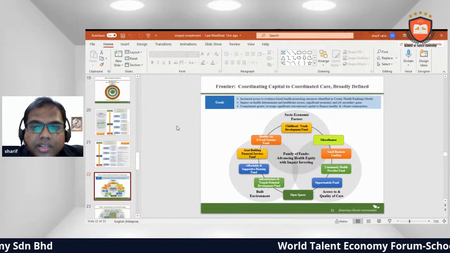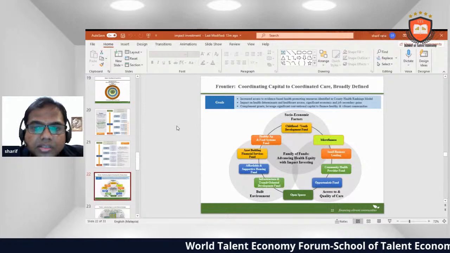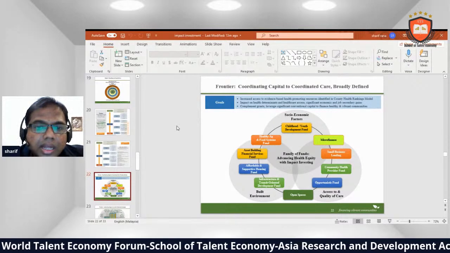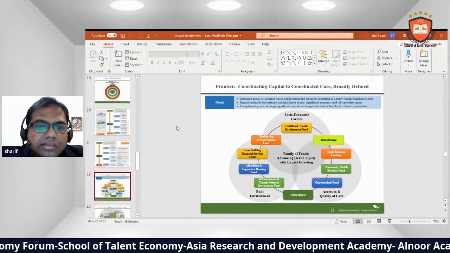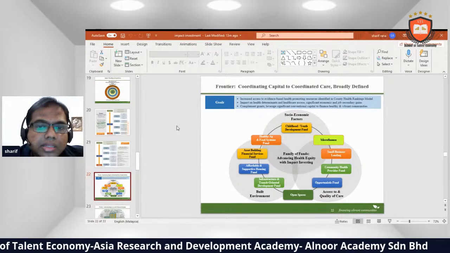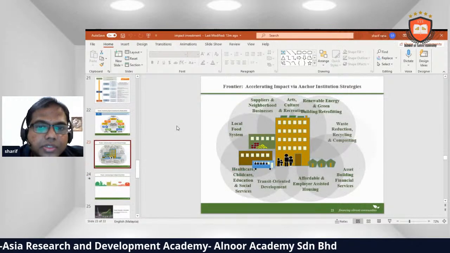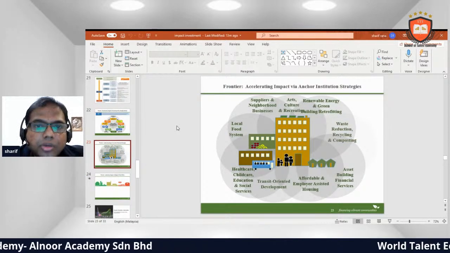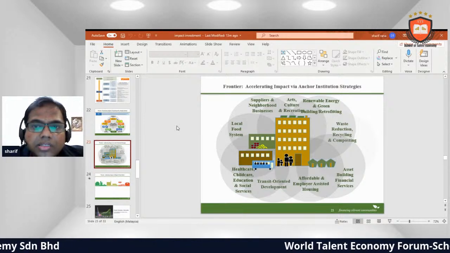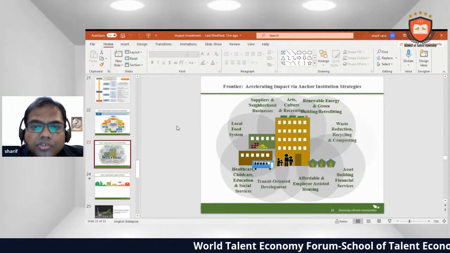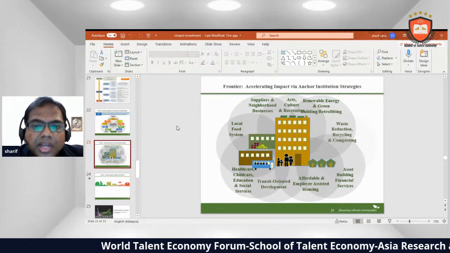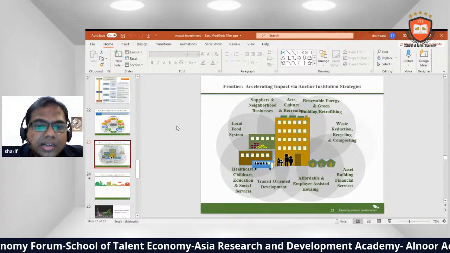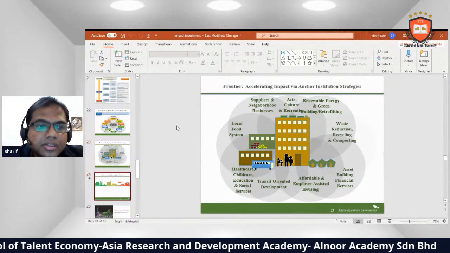Besides that, we have microfinance, small business finance, community health opportunity fund, open source, international and transit-oriented development fund, affordable and supportive housing fund, asset fund, and a health and food system fund. So, excellent impact via anchor institutions, suppliers and neighboring businesses, arts, culture, renewable energy and green, waste reduction, asset building, financial services, affordable and employer-assisted housing, transit-oriented development, healthcare, childcare, education, and social services.